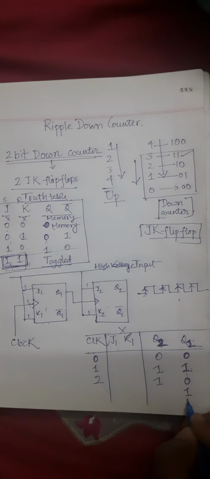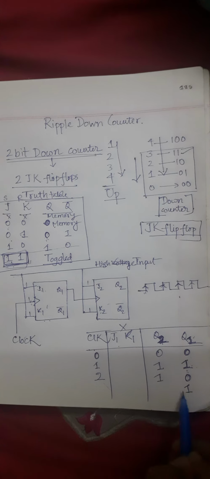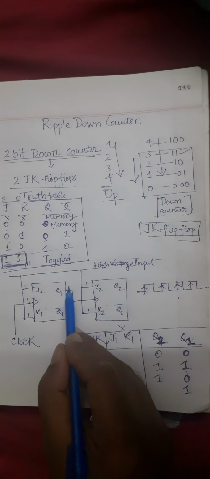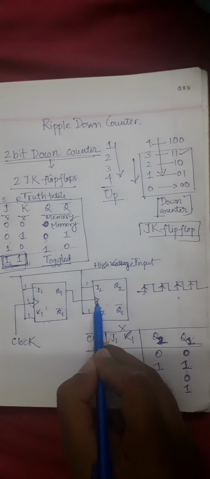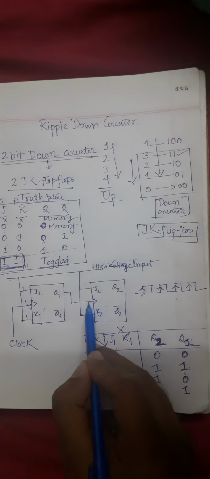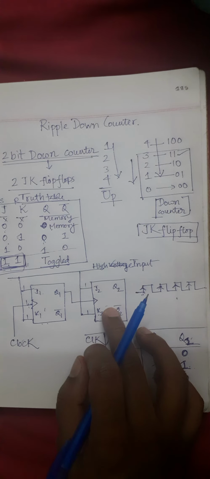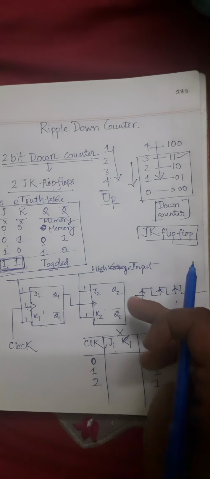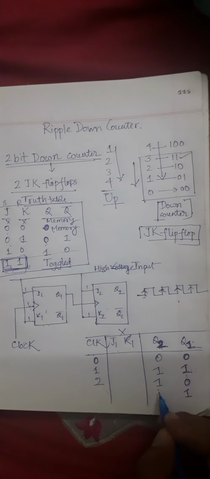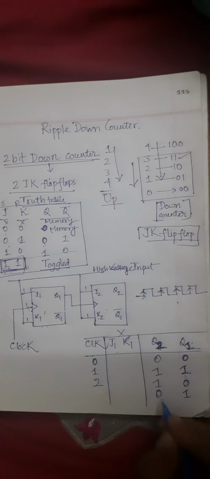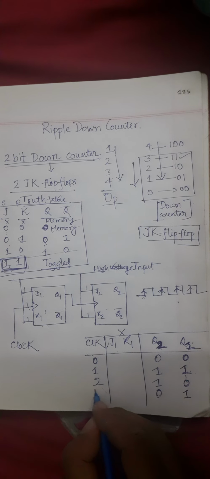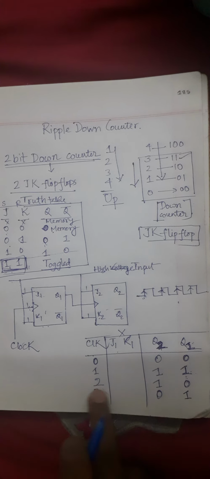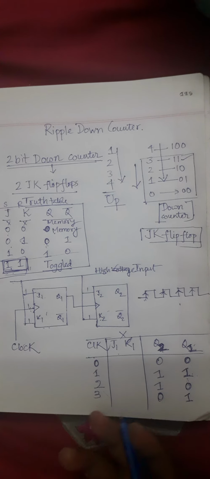Now this q1 will travel along this path, and due to this the second flip-flop will get triggered. The value stored in q2 previously was 1, but now it will become 0 due to this toggling. So we can write that during the third clock cycle it is happening.